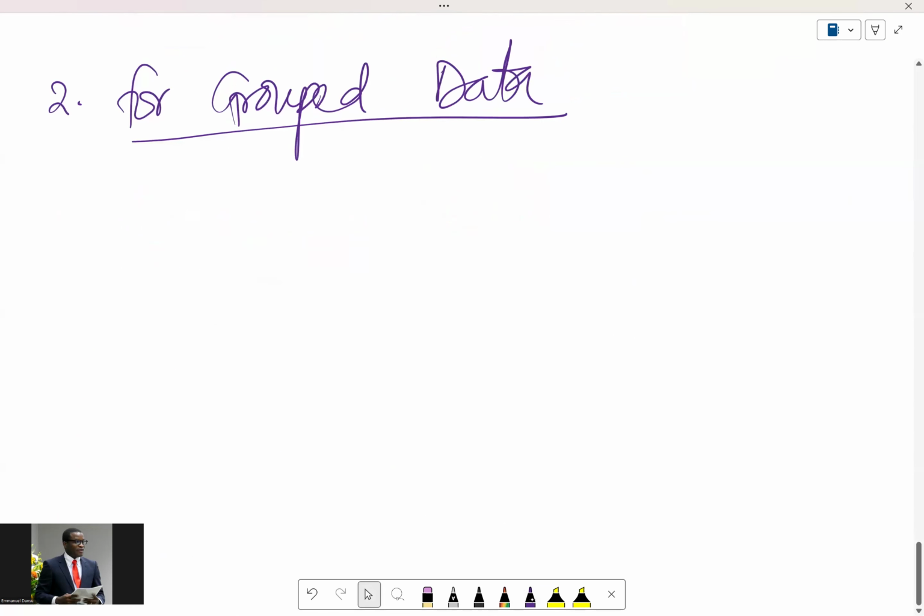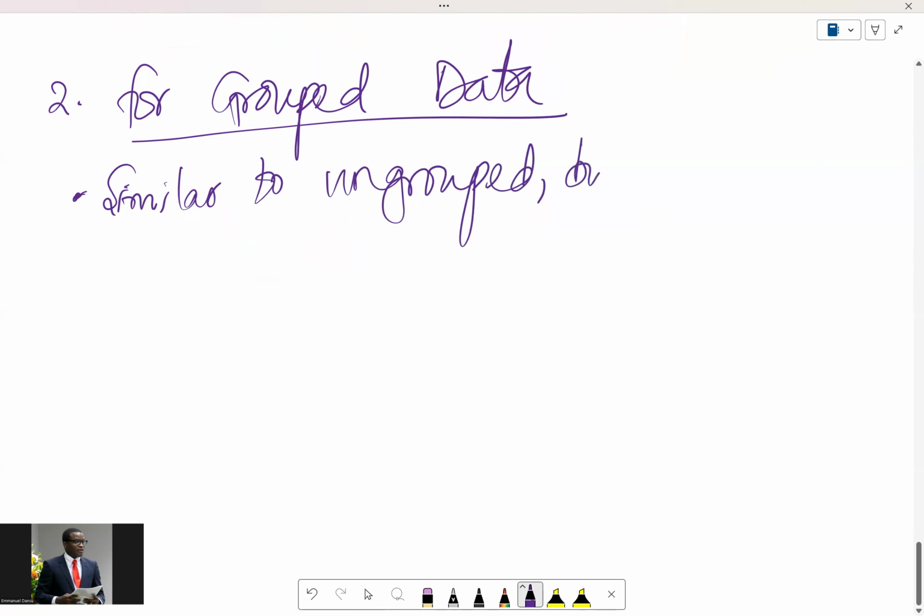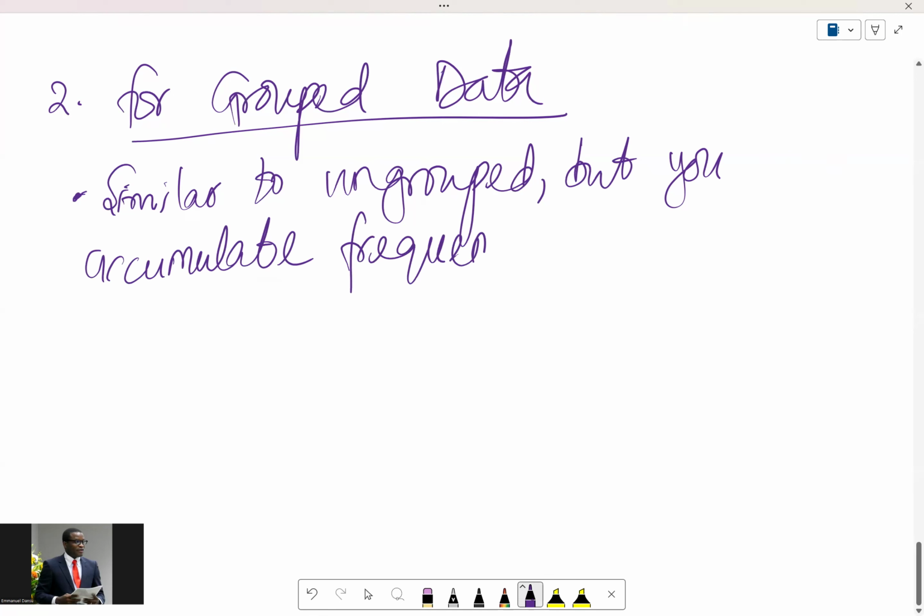So for grouped data, you do something similar, just like ungrouped, but you accumulate frequencies within each interval.